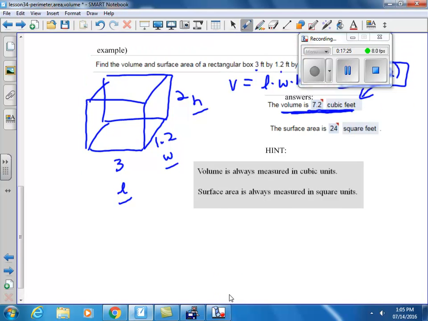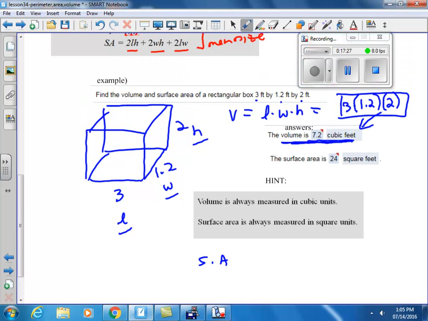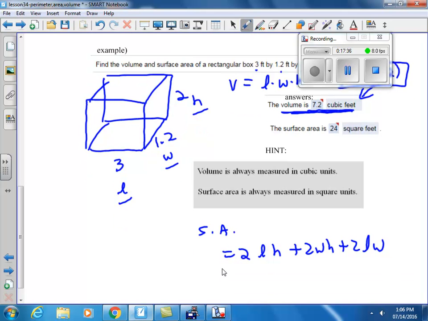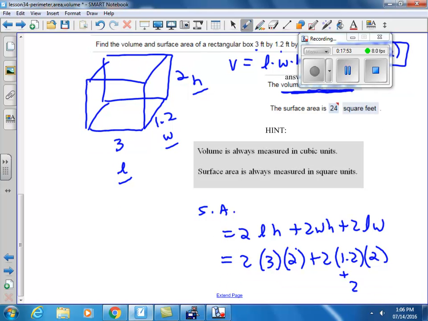So let's re-record that formula: 2LH plus 2WH plus 2LW. And then we can literally fill in the blanks. So 2 times your length, which is 3, times your height, which is 2, plus 2 times your width times your height, plus 2 times your length times your width. Whew.